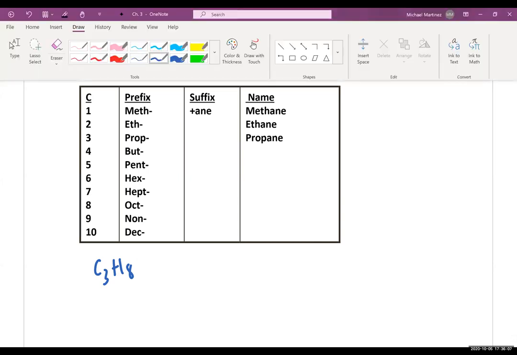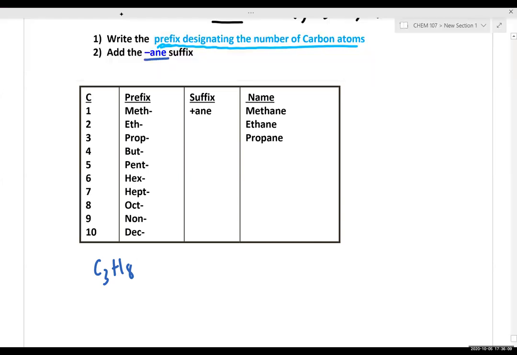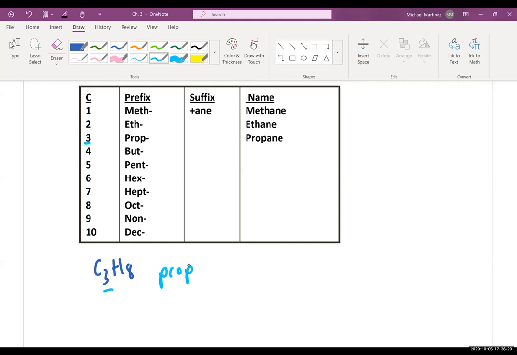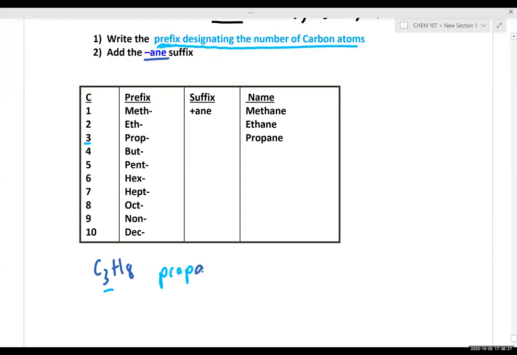We first count our number of carbons. We have 3, so we use the prefix prop. Then, since it's an alkane, all we have to do is add the ending ane. So the prefix prop turns into propane.